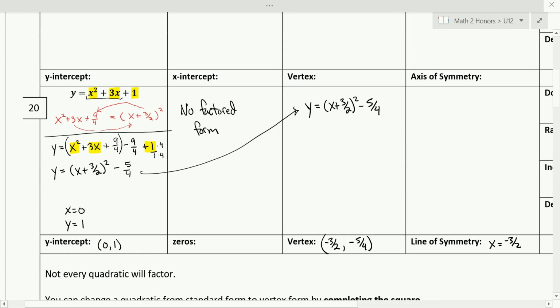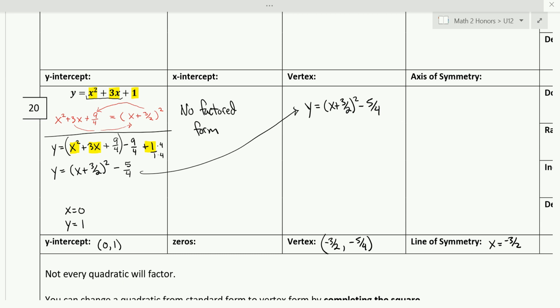So how do we find zeros in general? I wrote this on the very first page of your notes if you need to look back there. What does it say? For x-intercepts, you plug in 0 for y, right? And it doesn't matter what form you're working with.